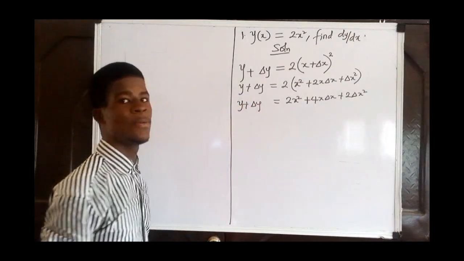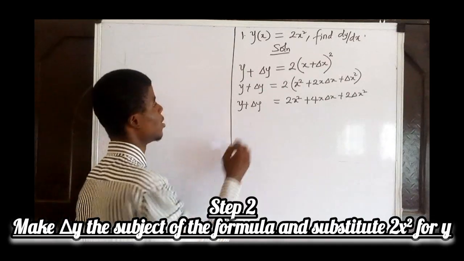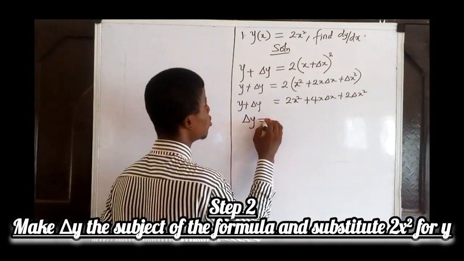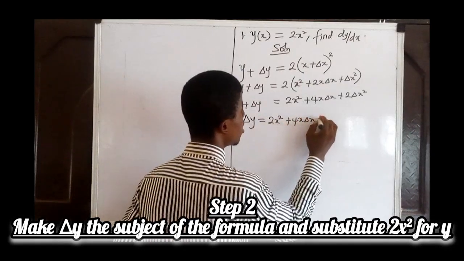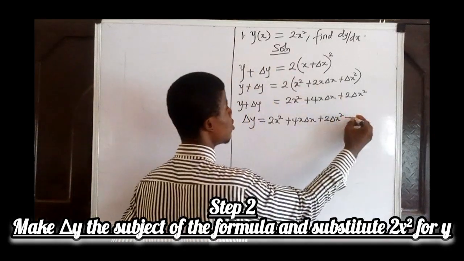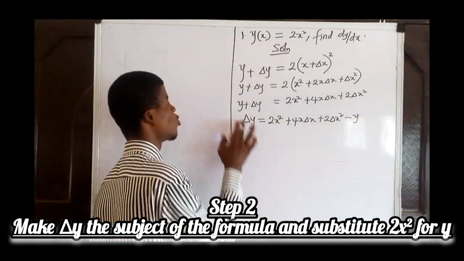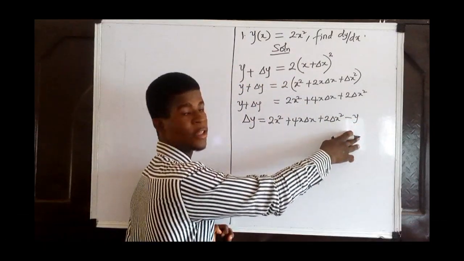So the next step is to make delta y the subject of the formula. So delta y is equal to 2x squared plus 4x delta x plus 2 delta x squared, then minus y. That is, y has moved from the left hand side to the right hand side, and it became negative.